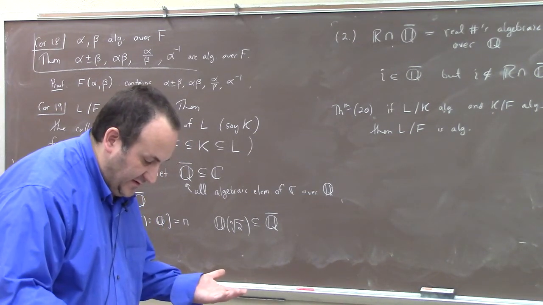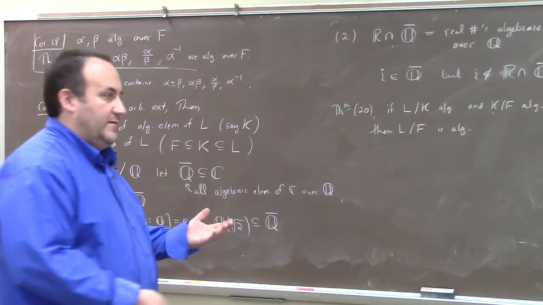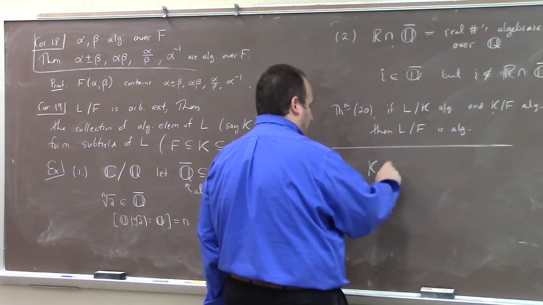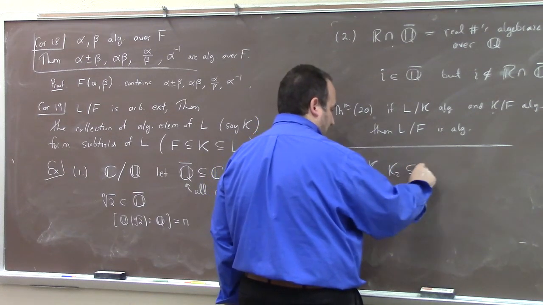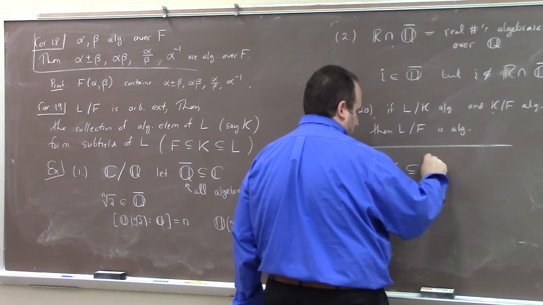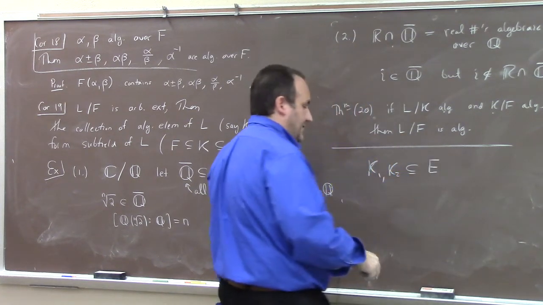And then the final push in this section, the last thing that's discussed, is if we have K1 and K2 subfields of, let's say, an extension, say E, right?